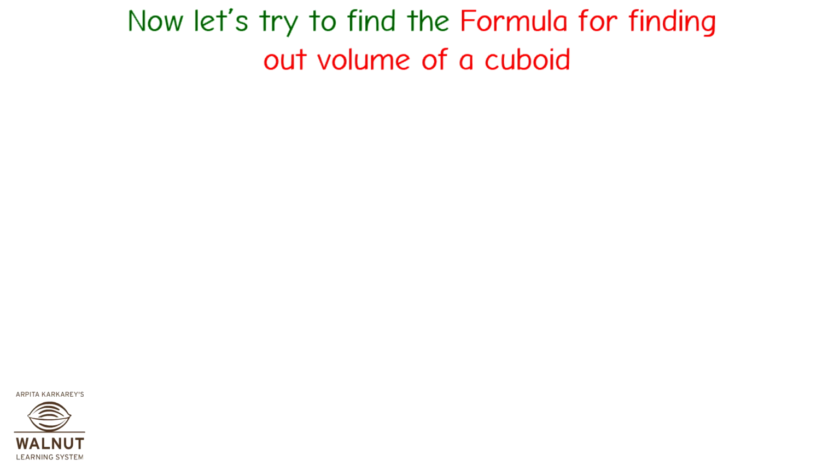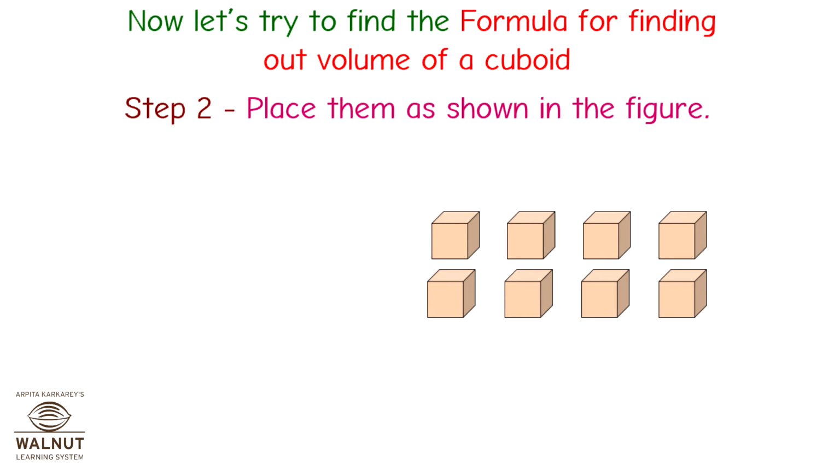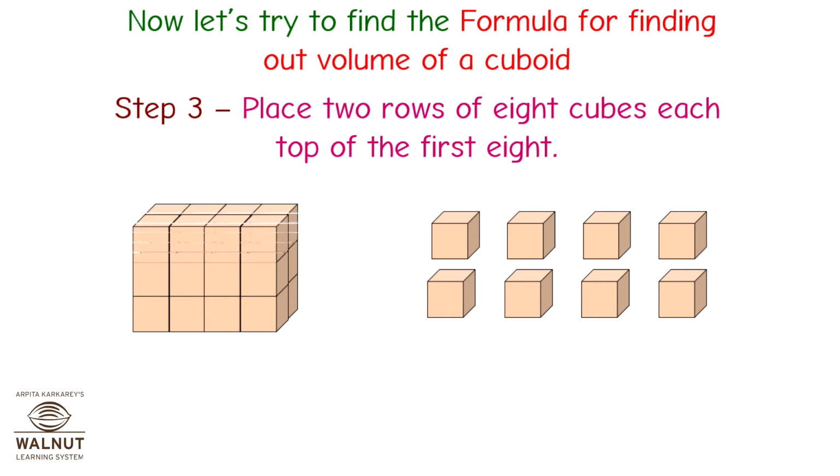Now let's try to find the formula for finding out volume of a cuboid. Step 1. Take 8 cubes of side equal to 1 centimeter. Step 2. Place them as shown in the figure. Step 3. Place 2 rows of 8 cubes each on top of the first 8.